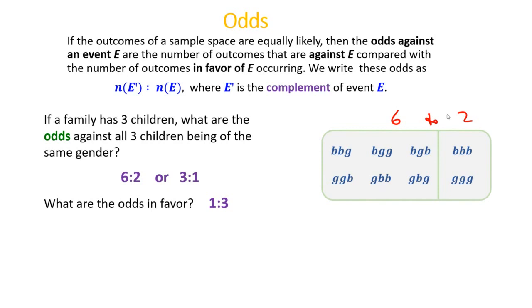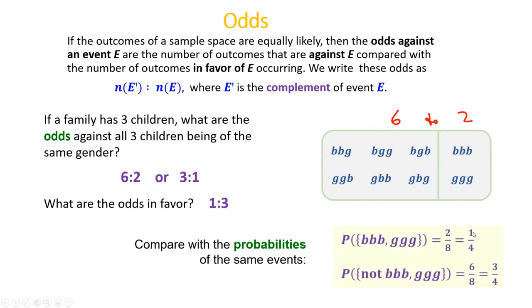But the probability is always in relation to the total. So the probability of having the same gender will be 2 over 8.